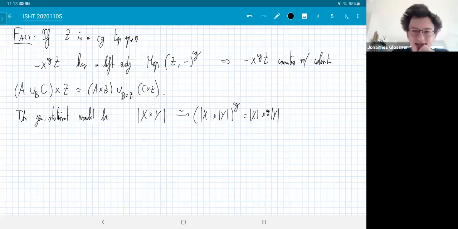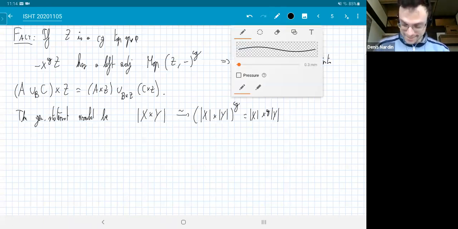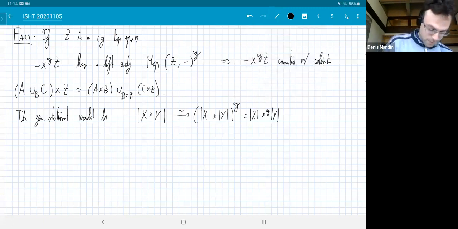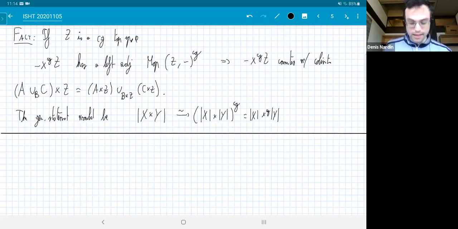That's how the product in compactly generated spaces is constructed, because this bracket CG is the right adjoint of the inclusion of compactly generated spaces into spaces. That's the co-localization. But okay, this way we can quickly get into category theoretic esoterica. It pays off to be a bit comfortable with them, but on some level they're beside the point.